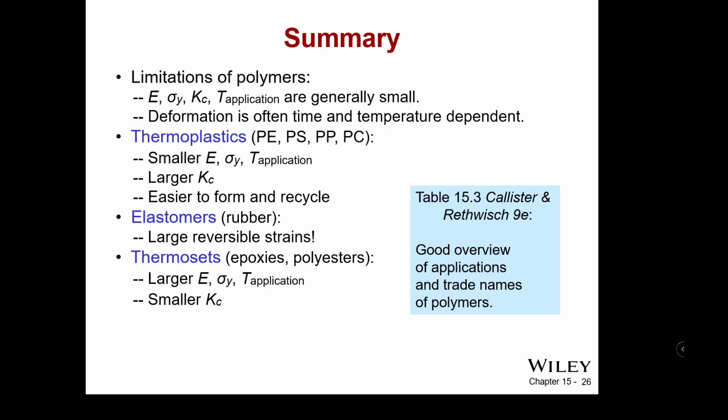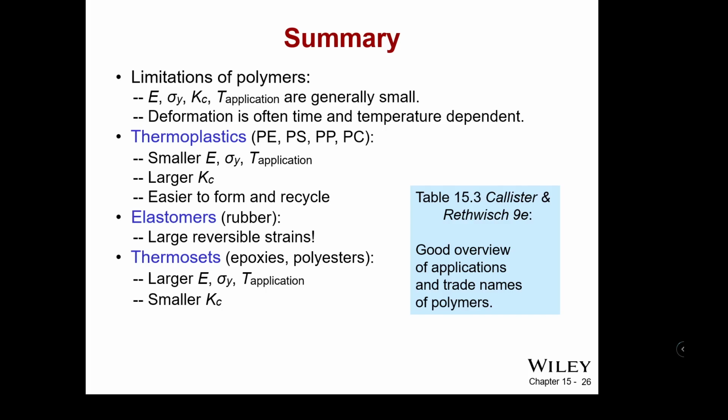The elastomers, like rubbers, have very large reversible strains, meaning they're very forgiving materials. They're good materials for things like tires, which deal with all sorts of harsh environmental conditions and temperature changes and shock loading and all kinds of stuff.